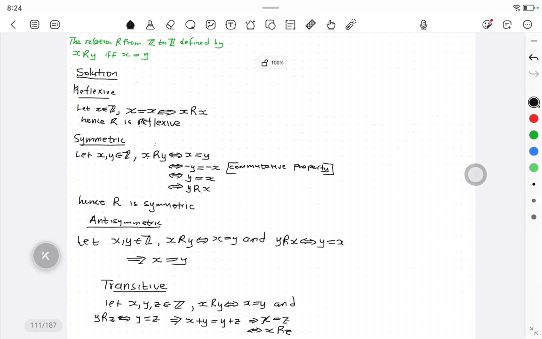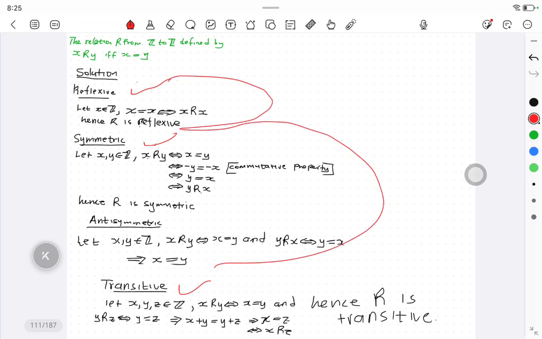Then we can say that, hence, R is transitive. And we know that if R is reflexive, symmetric, and transitive, this is called an equivalence relation.